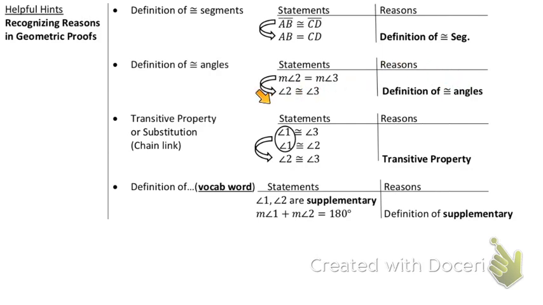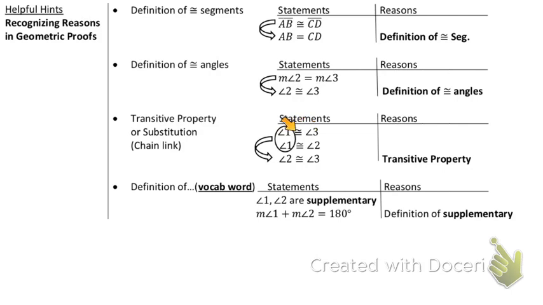Okay? This property here is kind of a logical property. And the way it works is, I want you to think of it as a chain link. If angle 1 is congruent to angle 3, so when you have this connection, and if you notice, we have angle 1 congruent to something totally different.